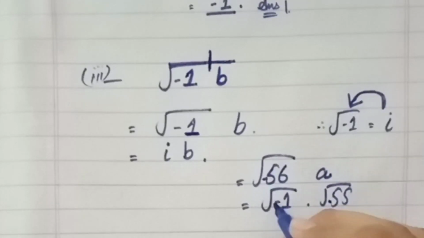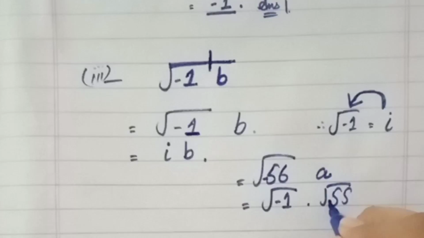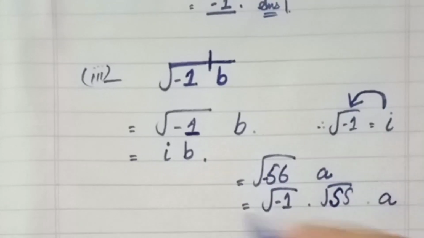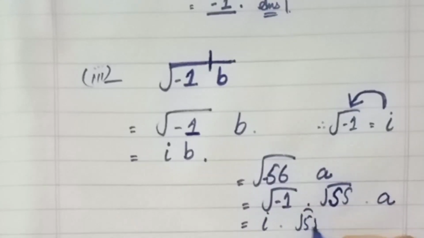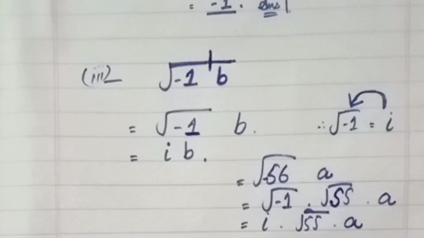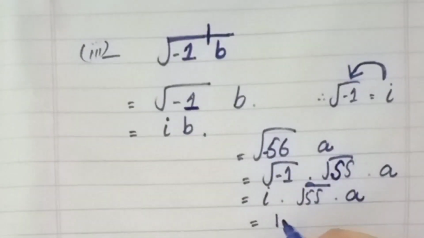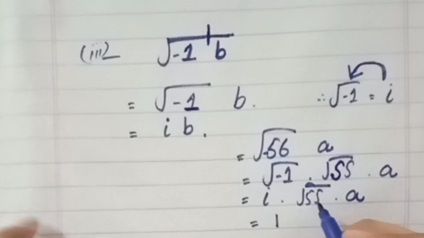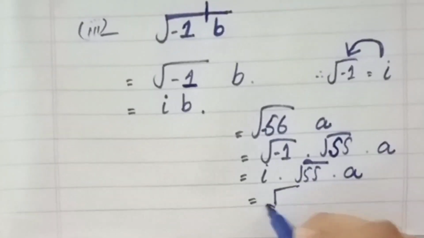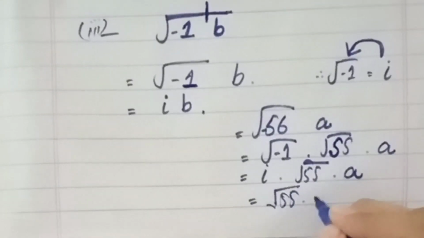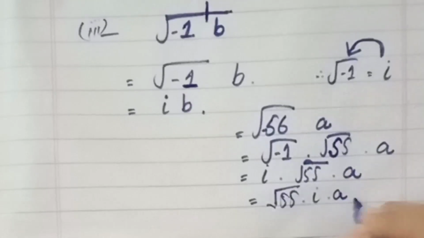The minus is gone with 1, so you will not put any other sign here, and a will be as it is. It will be iota under root 55 dot a. So the answer here will be under root 55 dot iota dot a.